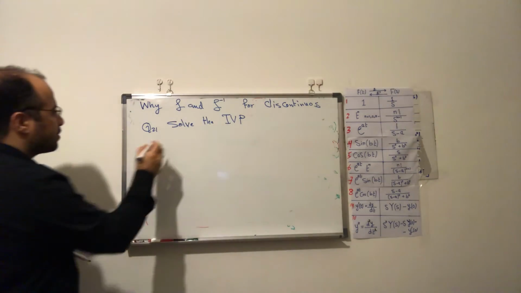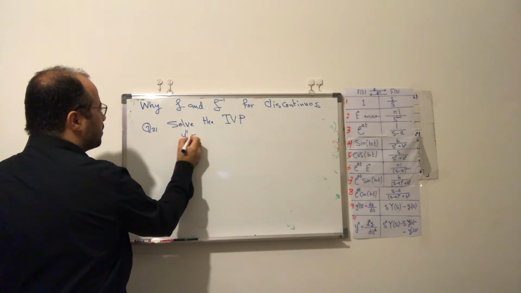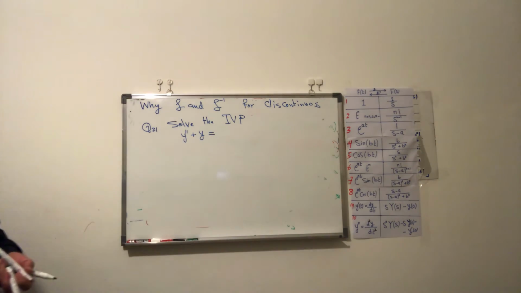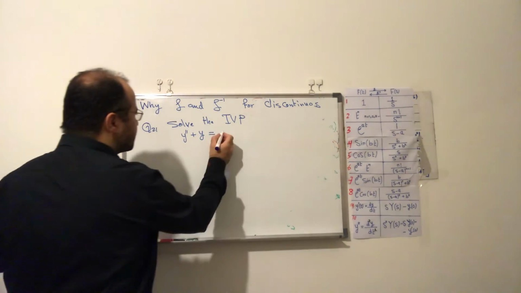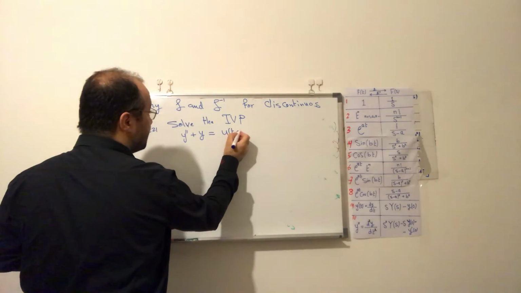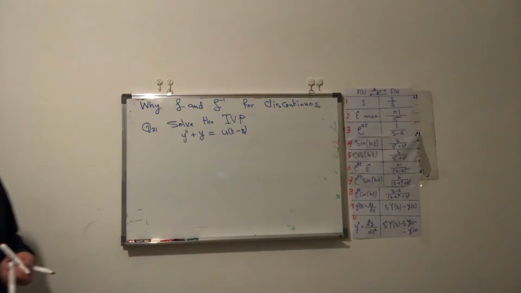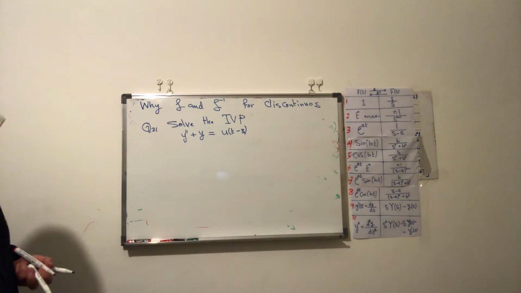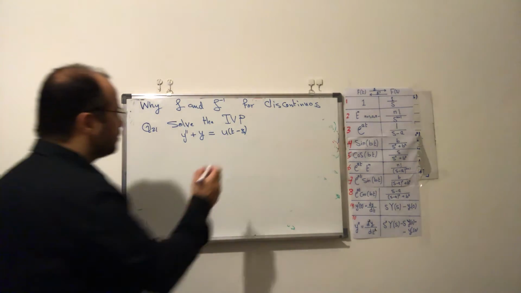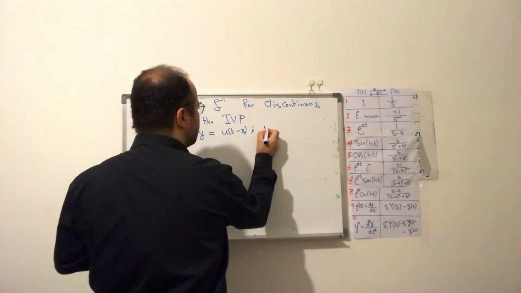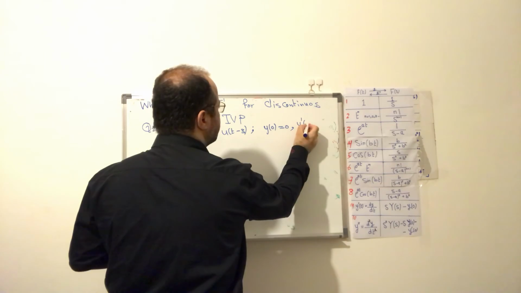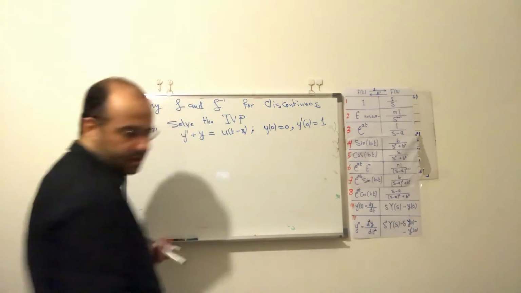It is y double prime plus y equal to u of t minus 3, and then y of 0 is 0, and y prime of 0 is 1.